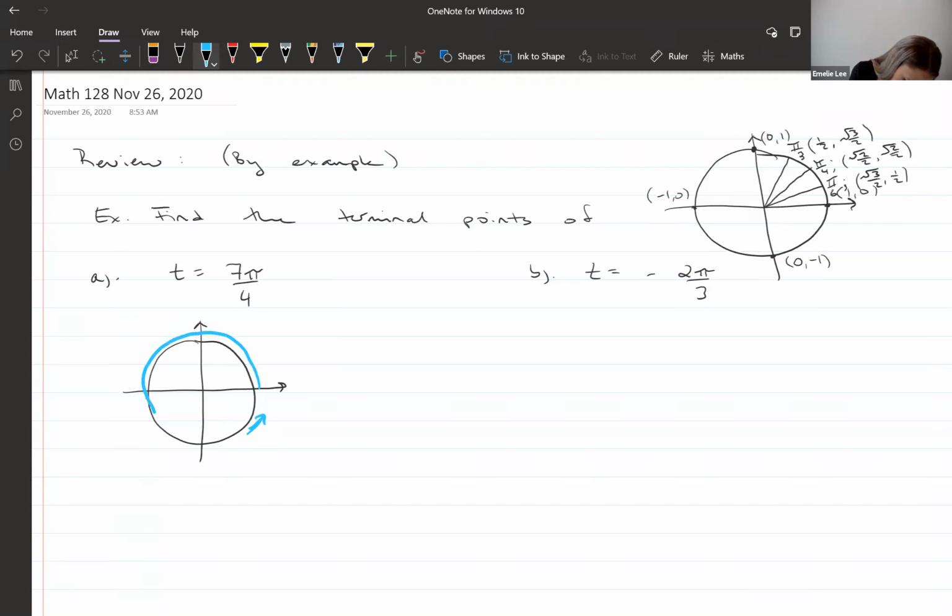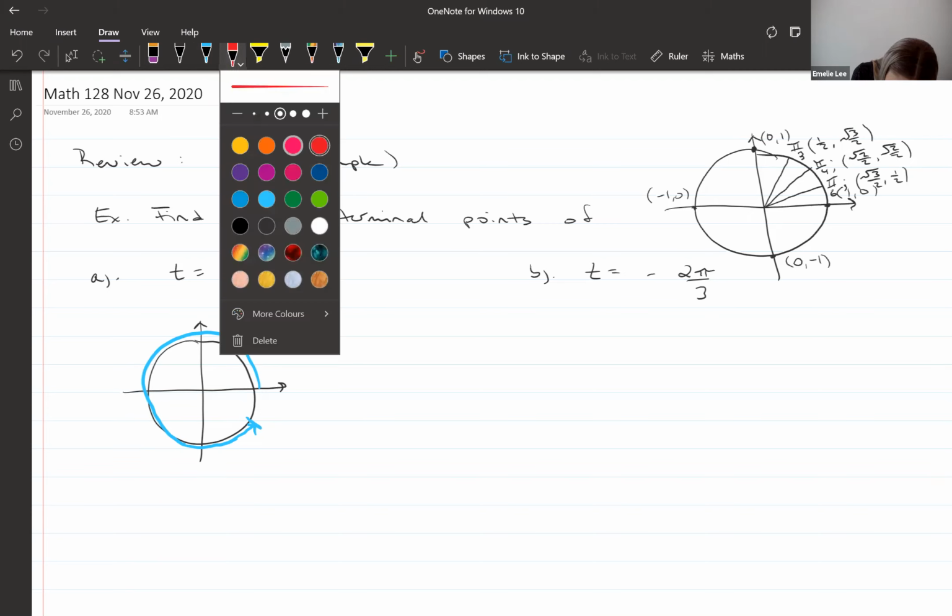So I can go around, and freshen this up. It looks to me like if I just went another quarter, then I would have a full revolution. Let's do a different color here.